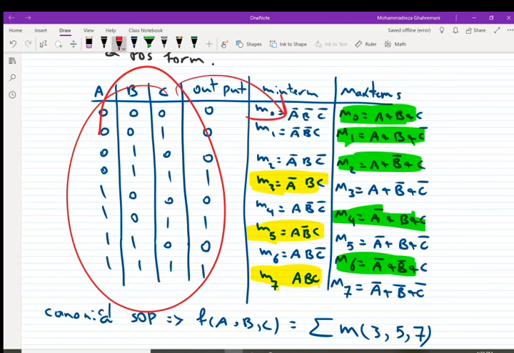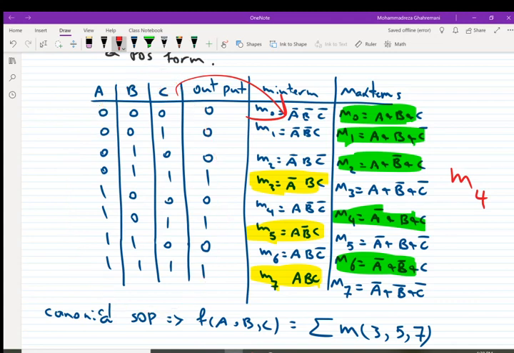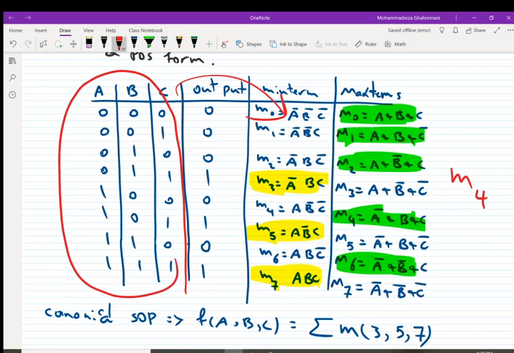For example, I say M4. Do I have to write this part of the truth table and write M4 and look at the variables to see which variables should be applied to the gate which yields a 1?